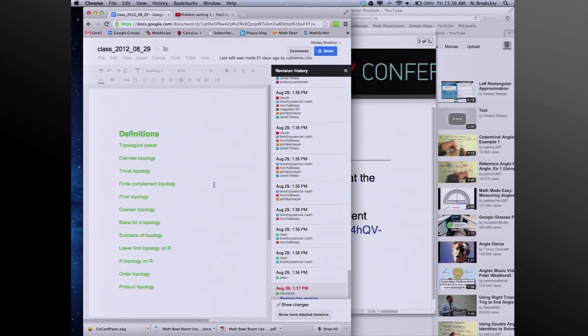Everybody was in front of a computer. I shared the document, and it just listed the topics, the terms we learned last week. And I asked them to give a definition. And they all began to work simultaneously, each typing his or her own definition.